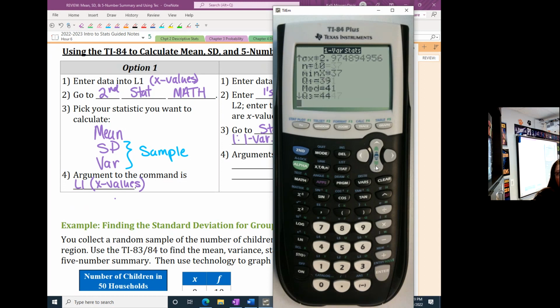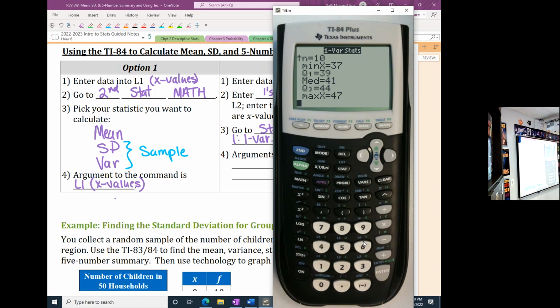Keep scrolling down. What are the last 5 numbers on there? There's a name for them. I'm kind of giving you a hint. It's the 5-number summary for a box and whisker plot. We've got our minimum, Q1, median, which is the same as Q2, Q3, and we have the maximum.